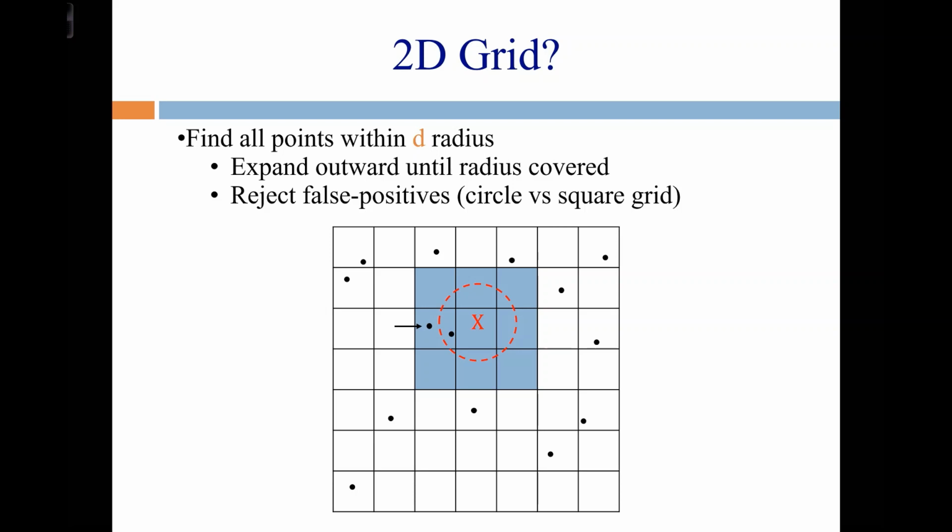But now you have a square versus a radius, so you have to do some false positive rejection, where this little one that I'm pointing at with the arrow is within the square region that I've searched, but it is not within the actual radius. But it did cut out all of these other dots outside of the blue region, and I didn't have to look at them. Okay?